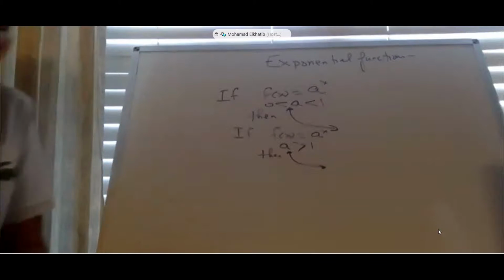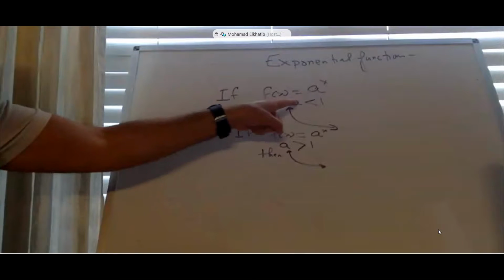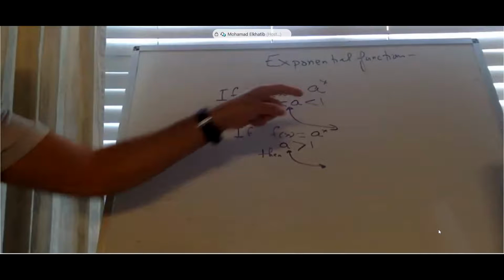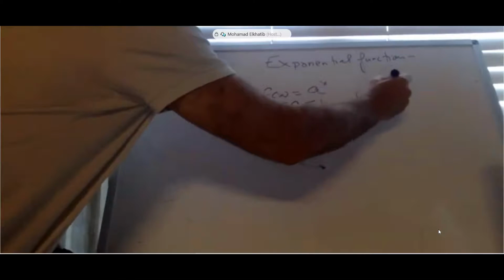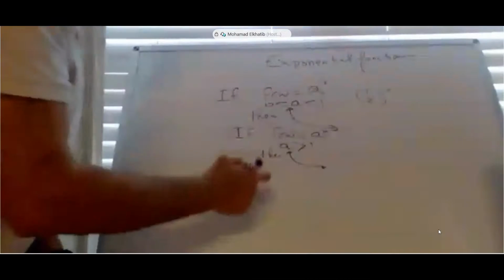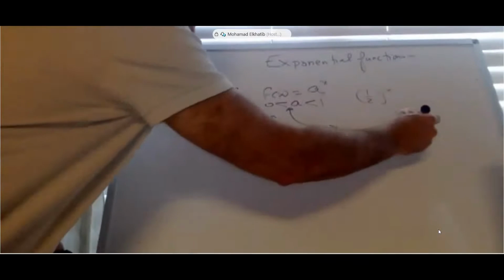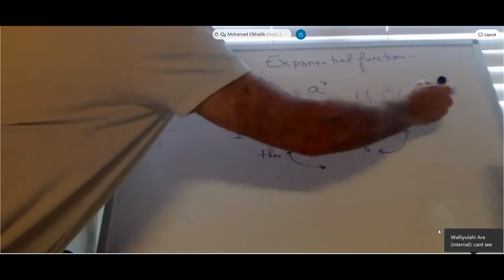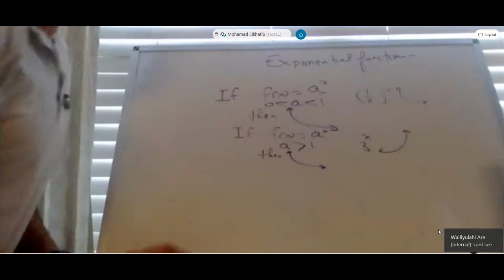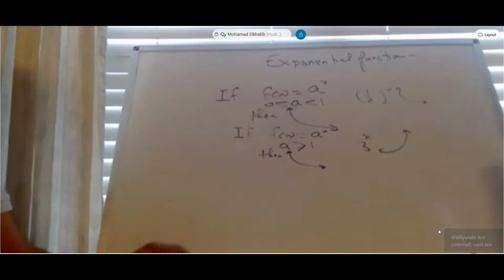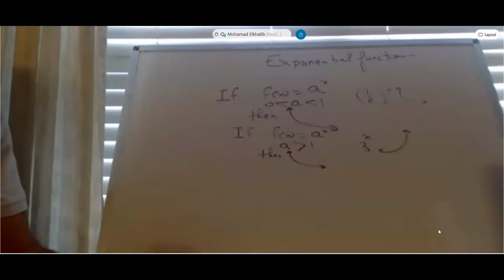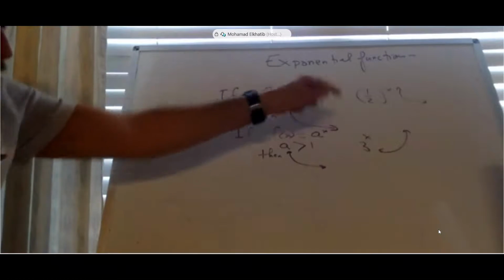Okay, what does that mean? A number between 0 and 1 is like 1/2, a good example being 1/2 to the power x. A number larger than 1 is like 3 to the power x, and that's why it's going to look like this. So you look at a. If a is between 0 and 1, like 1/4, 1/5, 1/6, 1/7, then the graph is going to go down.